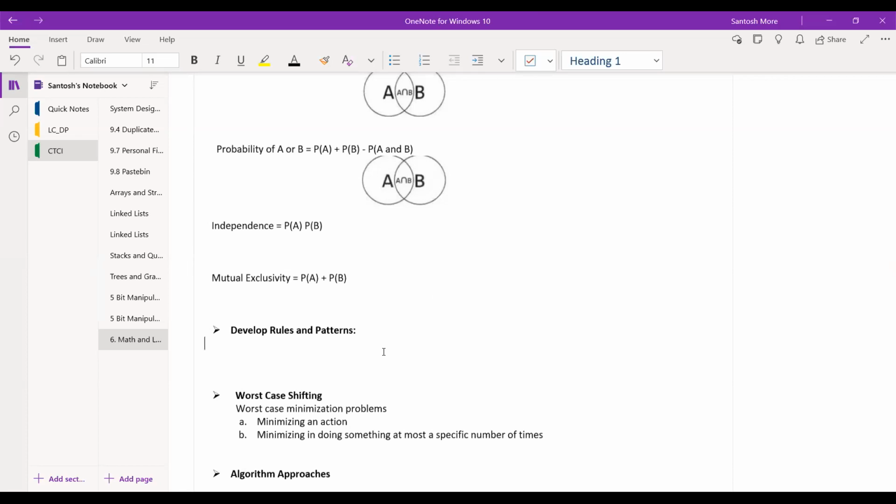And how is the rope burning problem related to probability? No. Actually, because this whole chapter is about math and puzzles, brain teasers and everything, I'm just picking up whatever is relevant for the maths and the logic problems.